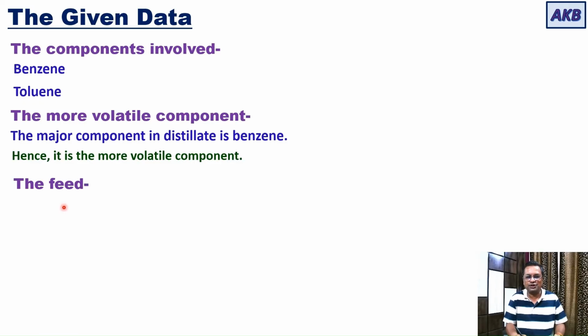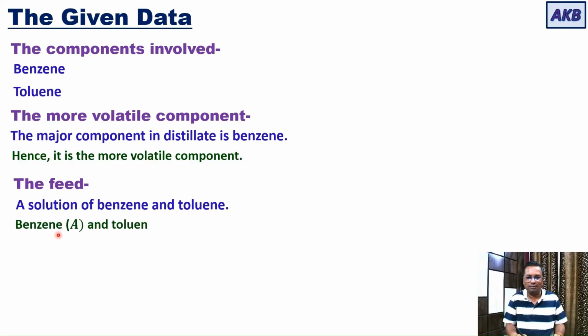Then what information is given regarding the feed? It is a solution of benzene and toluene. We are going to call benzene as A and toluene as B, because benzene is the more volatile component, and I have been using notation A to represent the more volatile component. The feed is a saturated solution.